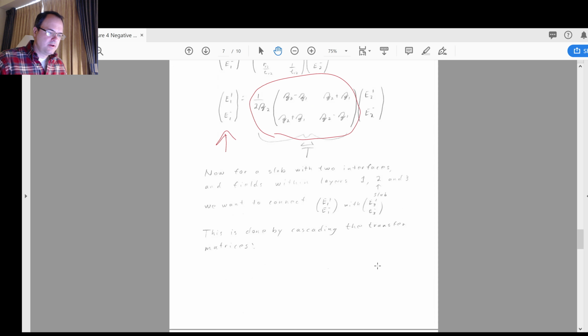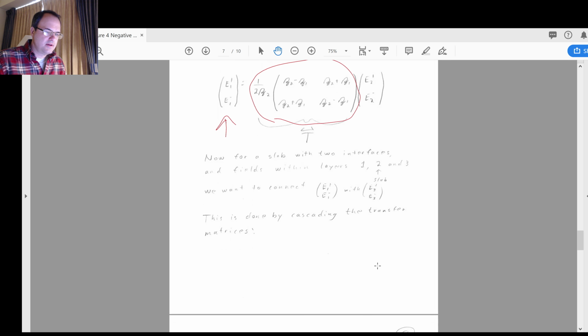Okay, so then in that type of language, it's easy to see how you would extend this result to multiple layers. And so we're going to now look at 2 interfaces. So we have not just region 1 and 2, with 1 being a regular material and 2 being a metamaterial, but we're also going to have region 3.